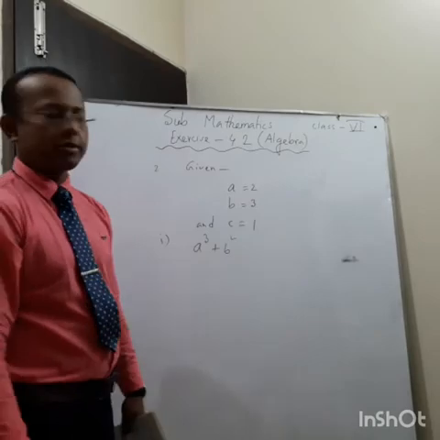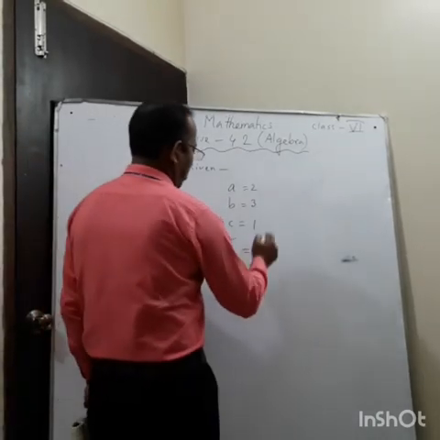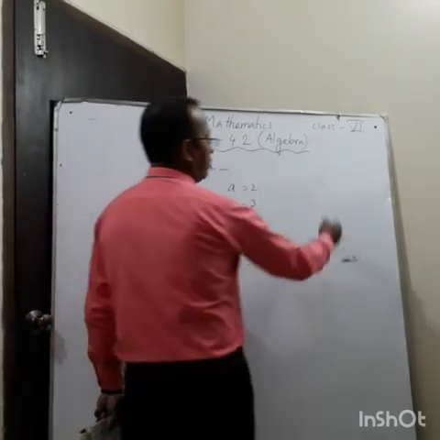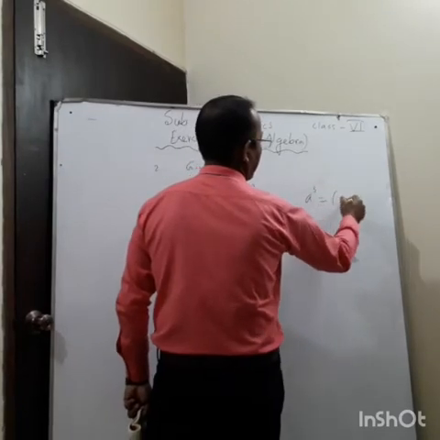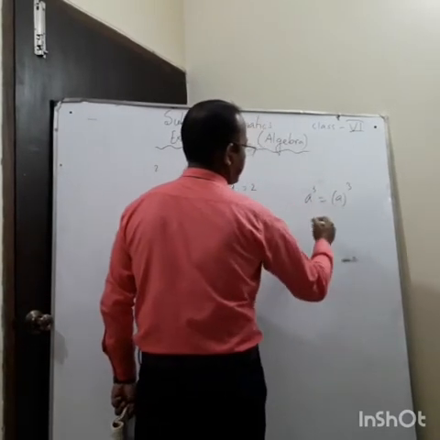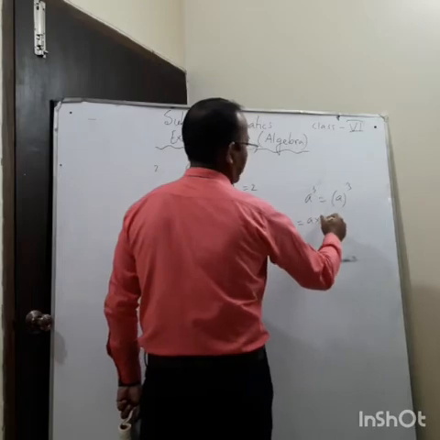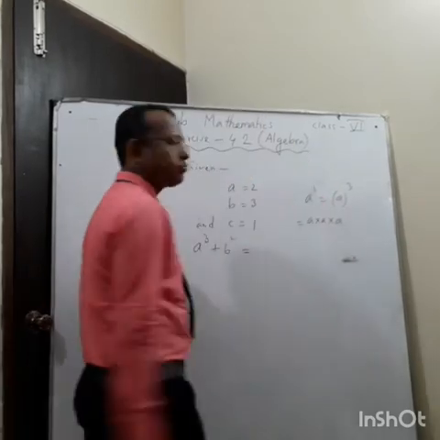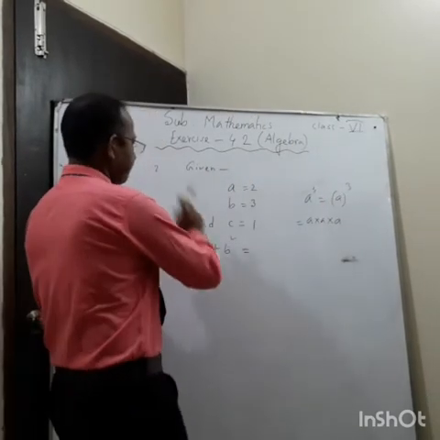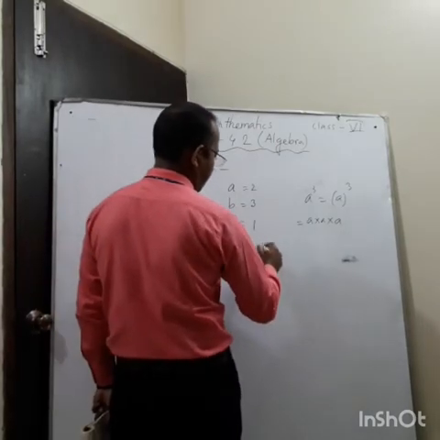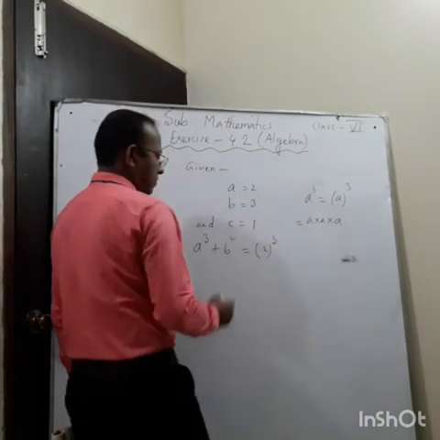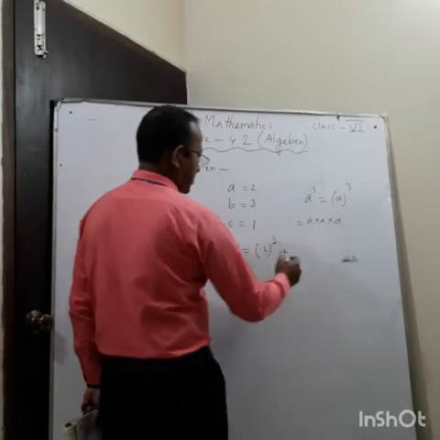This is equal to what? A cube means a into a into a. Now this is 2 cube plus b square means 3 square.